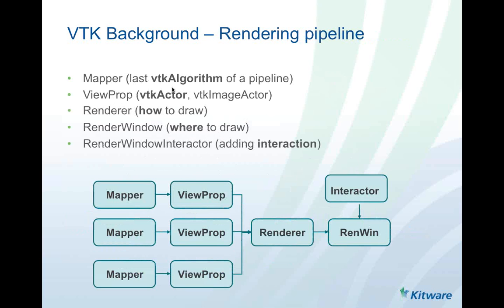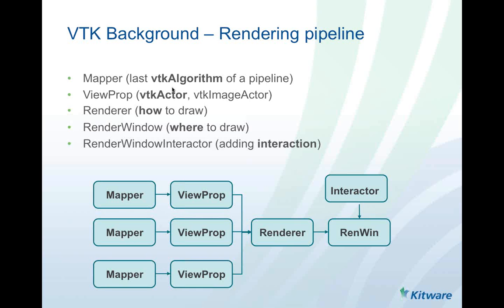The other important portion of VTK is the rendering pipeline. These come into play everything beyond the mapper. The mapper is typically the last algorithm along the data processing pipeline. And the mapper's job is to take in the data objects and produce some set of rendering primitives, GL calls or DirectX calls or anything that you might have, which are necessary to draw some shape on the screen. Mappers feed into view props, which is how the mapper's output is placed within some arbitrary world scene.